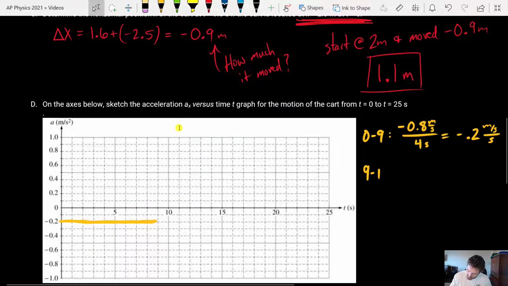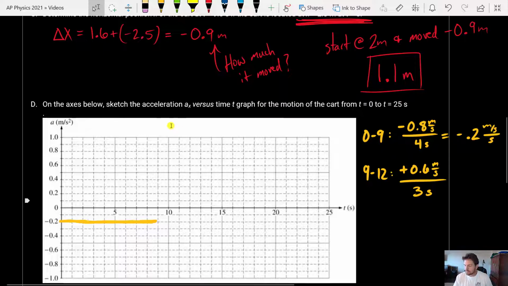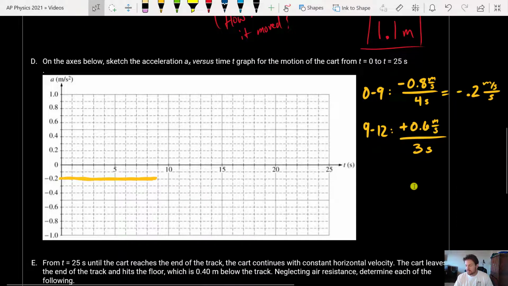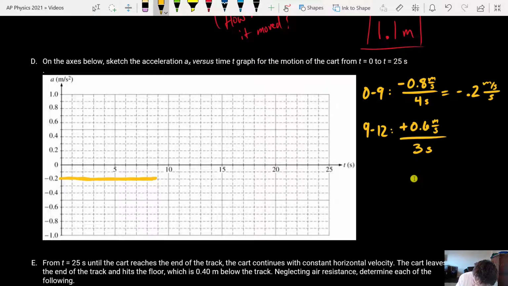So from 9 to 12, it went up, so positive 0.6 meters per second in 3 seconds. Right, so what is that? That gives me, what is that, positive 0.2? So I find positive 0.2 right here, and I give it a line like so.